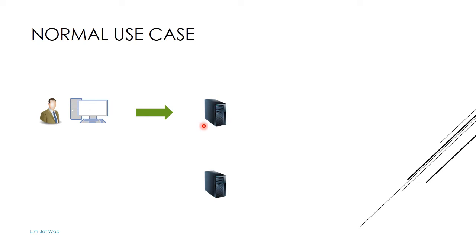This one up here is the secondary DNS server, and this one down here is your primary DNS server. They all have memory, and of course a section for cache.